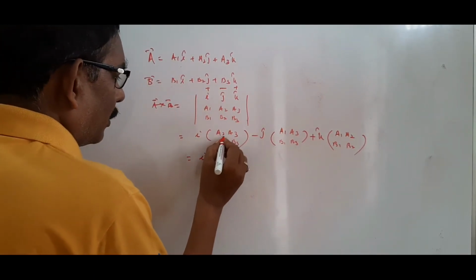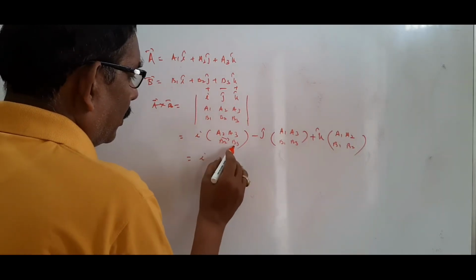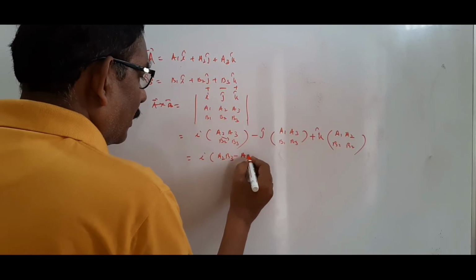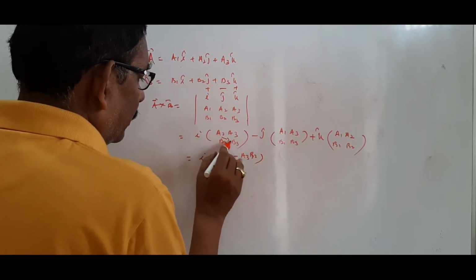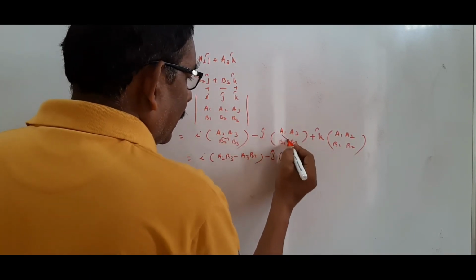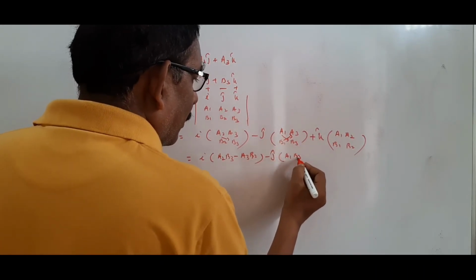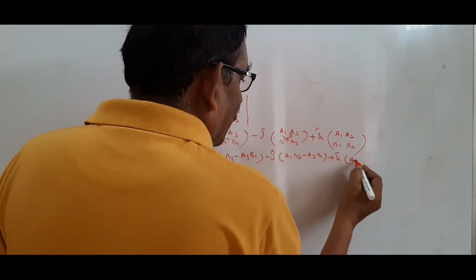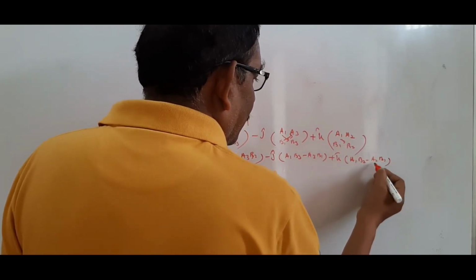Now how to find the product? Multiply A2 into B3 minus A3 into B2. This into this minus this into this. Similarly, J: A1 B3 minus A3 B1, plus K: A1 B2 minus A2 B1.